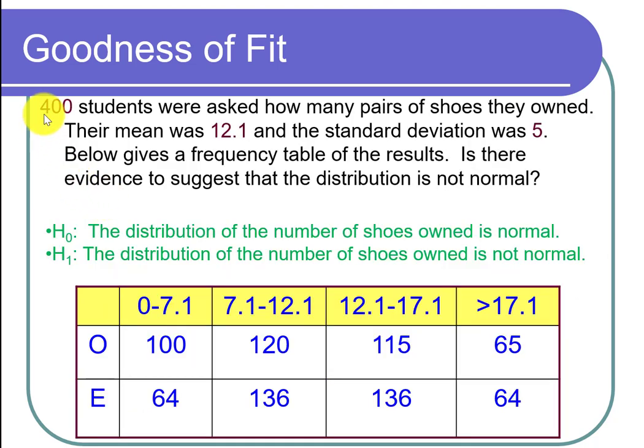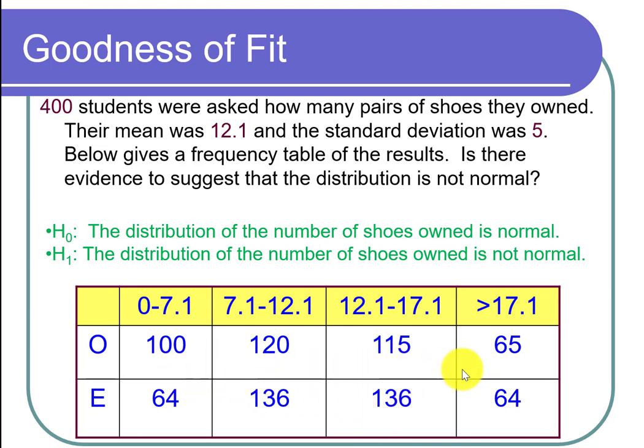So 16% of 400 is 64. So 64 on the far left, and also 64 on the far right. And 34% of 400 is 136. So there's 136 on this middle left interval, and 136 for the middle right interval.